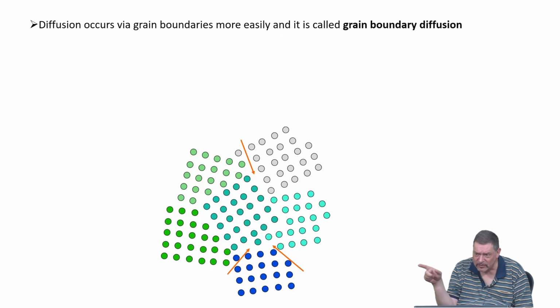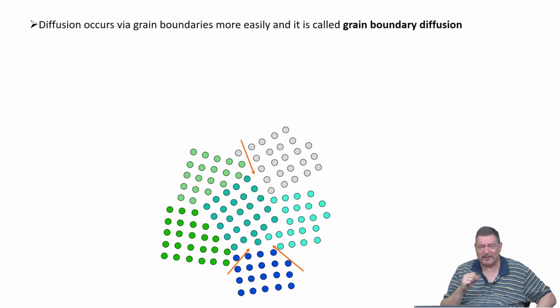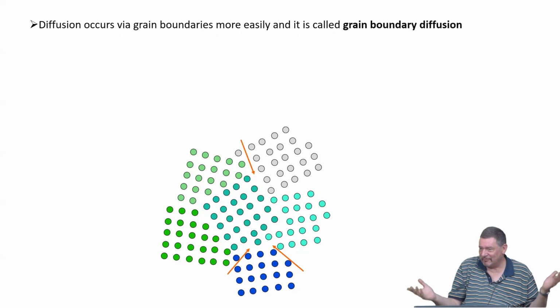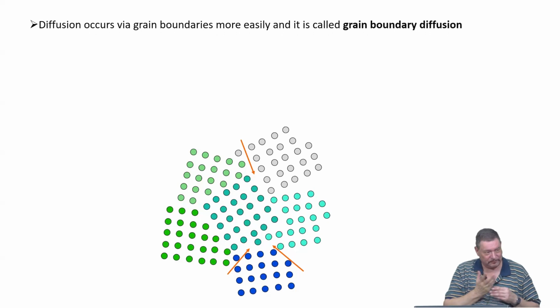Are they fast or slow? Fast. Very good. Yes, exactly correct. And then the low angle grain boundaries are rather slow diffusing pathways. What about special boundaries? I'm talking about CSL boundaries. This you know? You probably don't yet know?